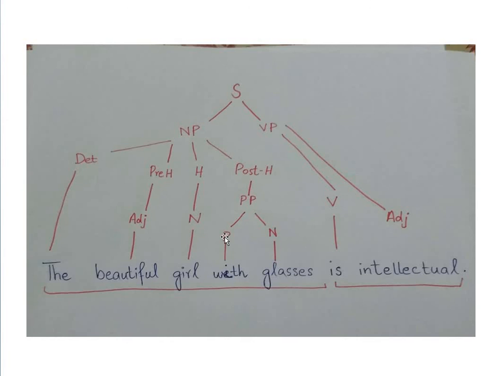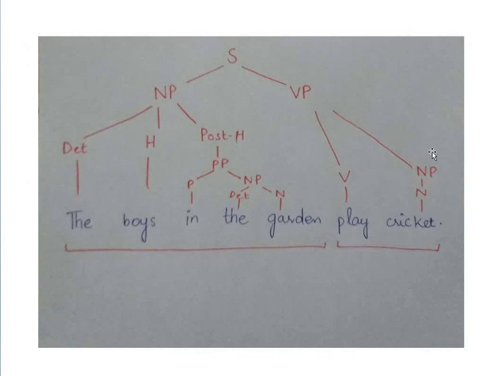Then a phrase may contain either a phrase or just a lexical category. Here, like in this sentence, the phrase contains further the lexical category. Here the prepositional phrase contains further a phrase and a lexical category.